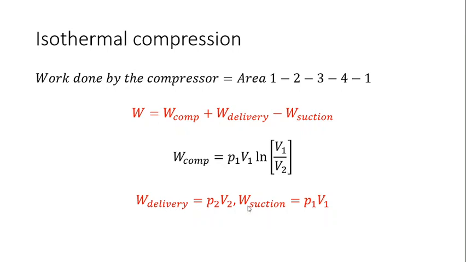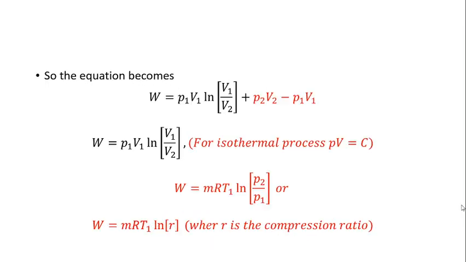Delivery work and suction work are constant pressure processes, so they are integral of P dV. It is P2 V2 for delivery and P1 V1 for suction. Now substitute the expressions in our work done equation, we will get this.